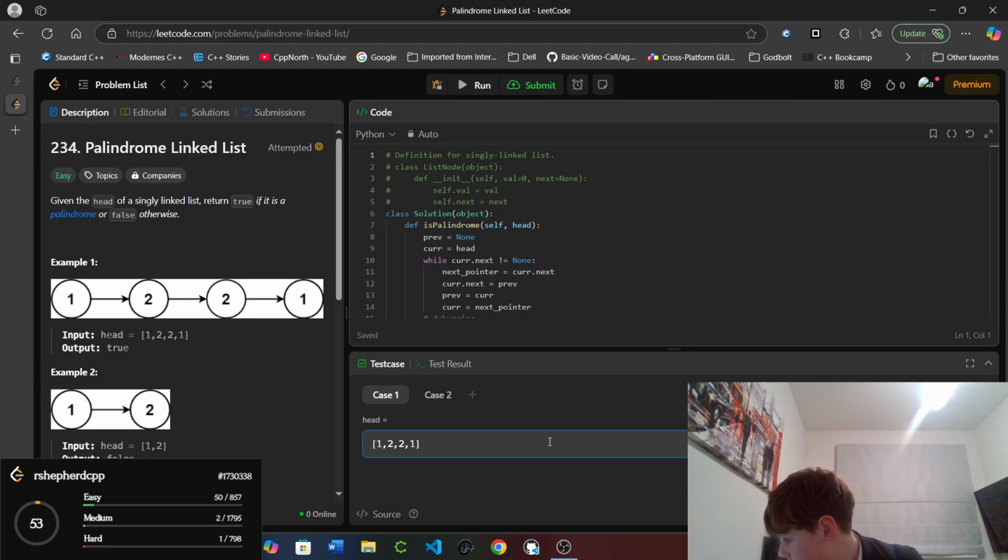So then while right is not equal to none, and the reason we're doing right is not equal to none is because we're taking the second middle value, if we have a second middle value, that is. And if right is none, that would mean that the left will be on the other central value. So that's why it works.